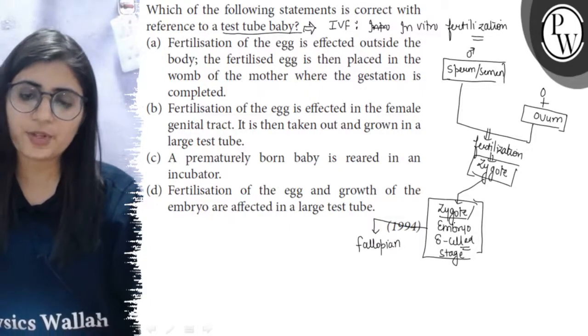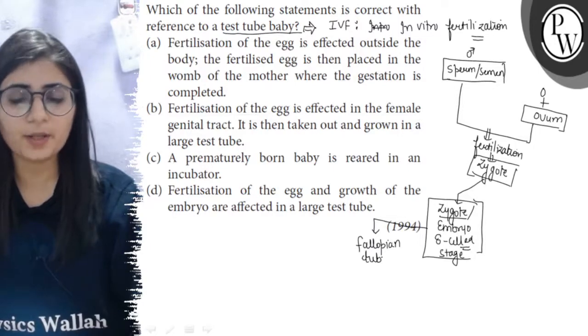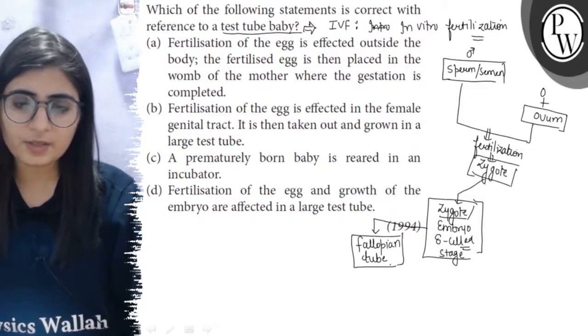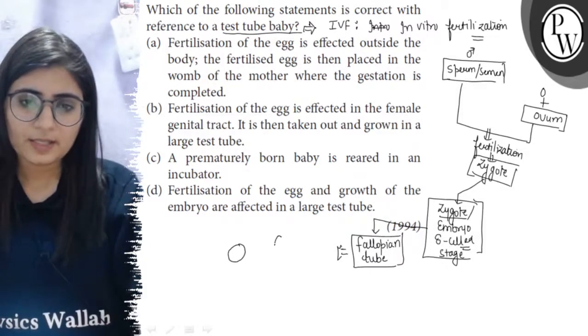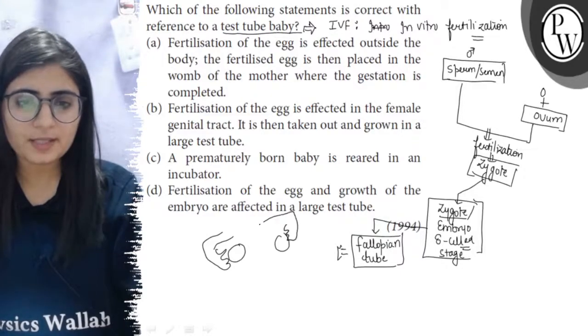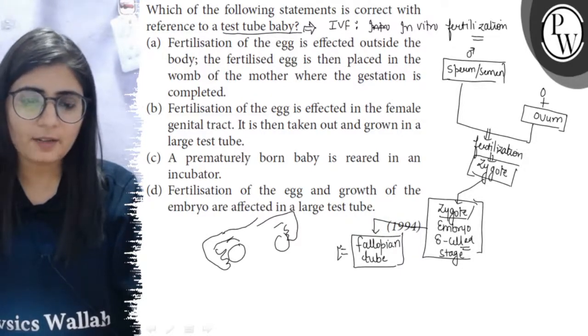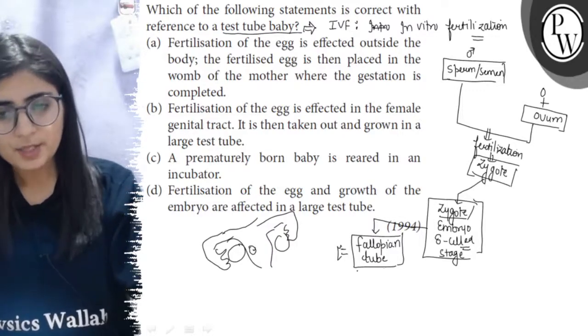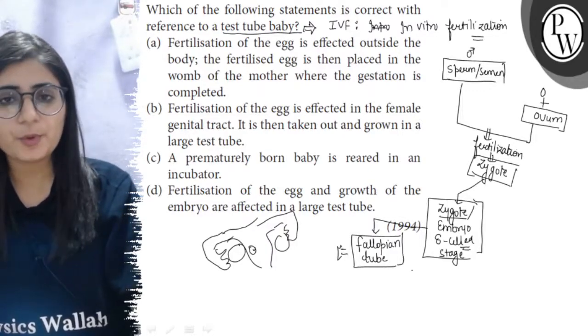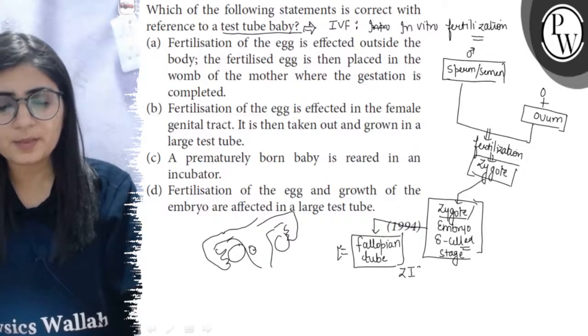Means this embryo or zygote is transferred into the fallopian tube of the genetic or the surrogate mother, and after implantation in the fallopian tube, this embryo will divide further and will move towards the uterus where the implantation will occur. So this technique of transferring the embryo or zygote into the fallopian tube is called ZIFT or zygote intrafallopian transfer.